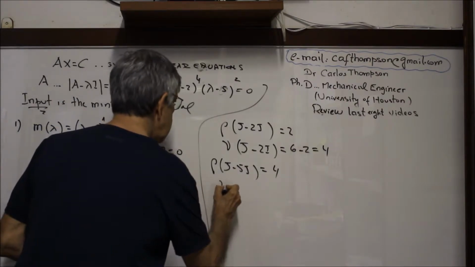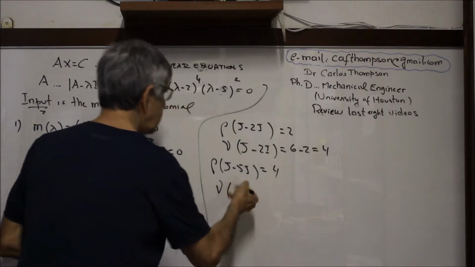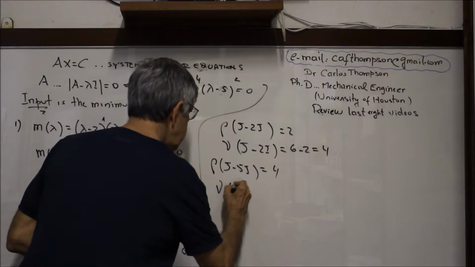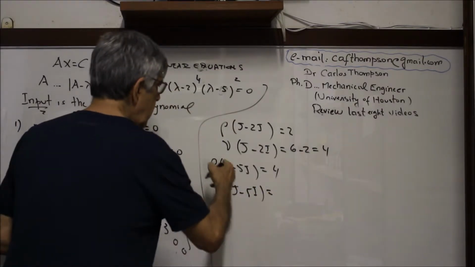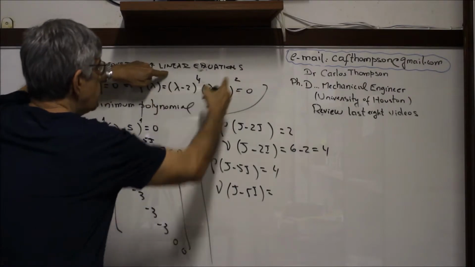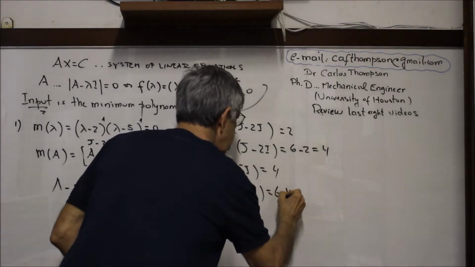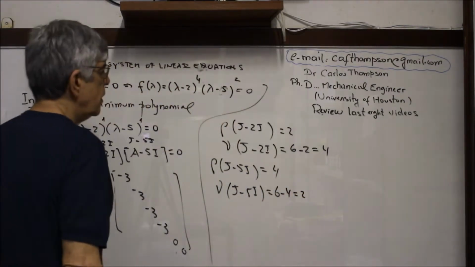So ni of J minus 5I will be, in this case, the dimension 6 minus 4, which will be 2. Okay?